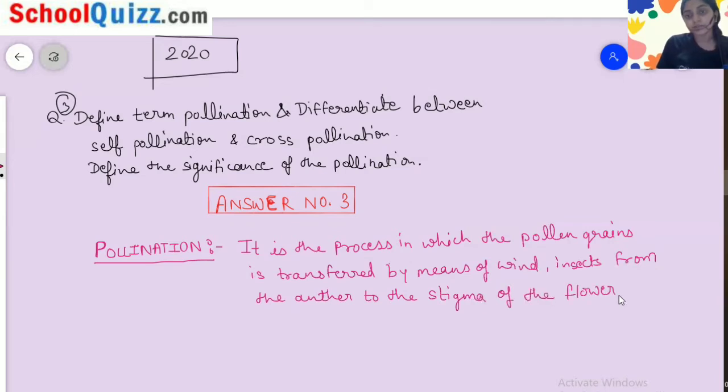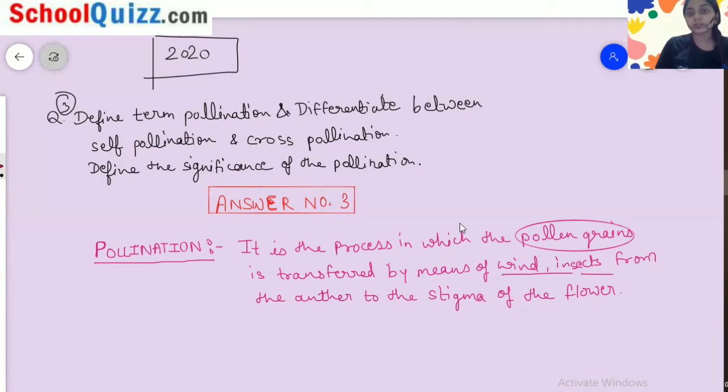In these 3 lines you have told what the process is: the transferring of pollen grains, and by which means it is transferred, by means of wind or insects. So in these 3 lines you have described everything.